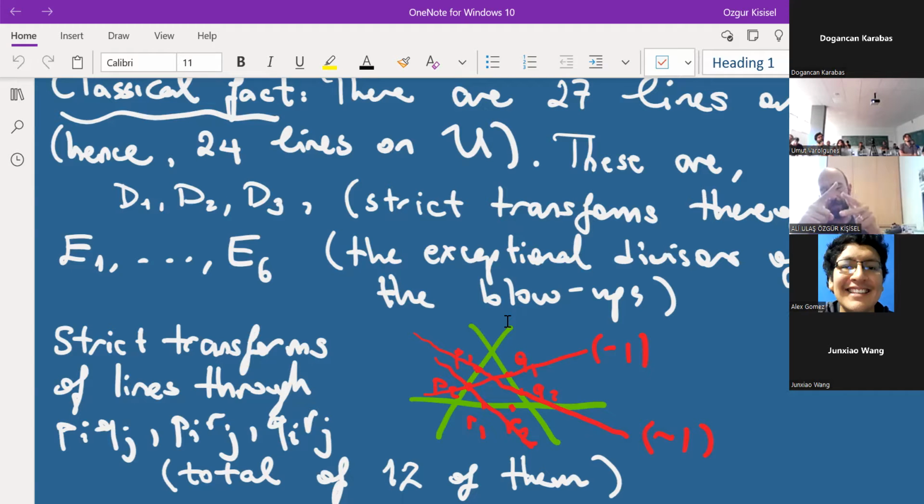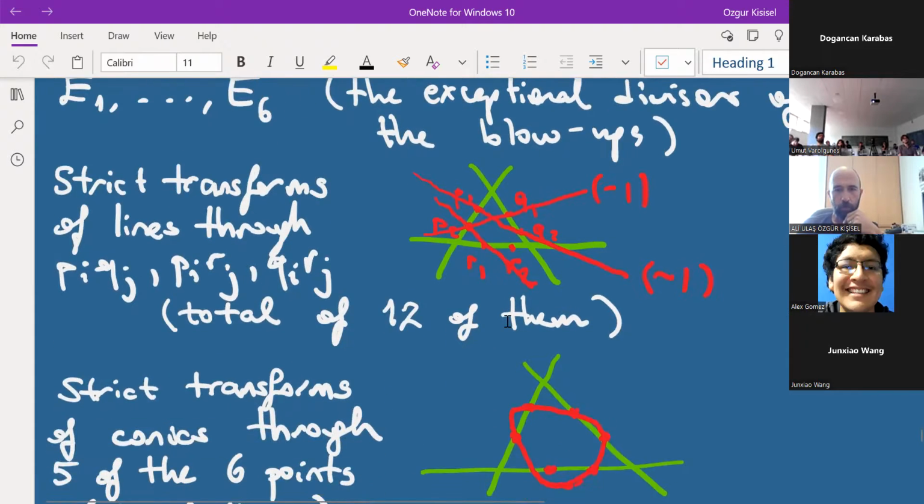So there are 4 pairs for 2 lines, and you have 3 of them, so there are a total of 12. So at the moment, this accounts for 12 plus 6 plus 3. So this is 21 lines. So we need 6 more, and those 6 are coming from conics.